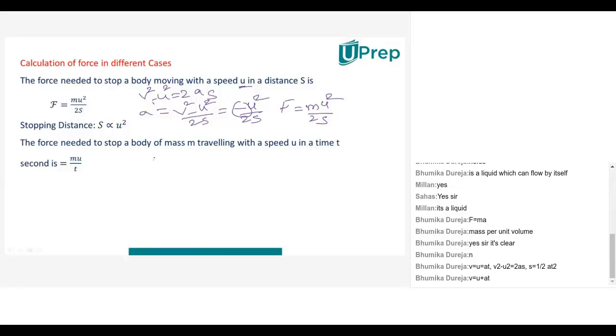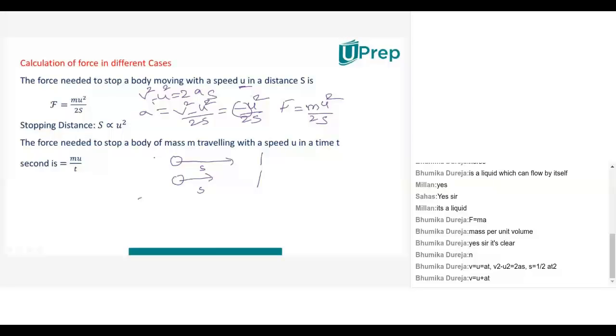And now, according to this equation, suppose I took two objects. Let me draw here. Two objects are there, one object and another object. This object is coming and we are stopping it. This also is coming with some speed and we are stopping it at the same distance. Suppose each has to travel a distance of s, but the initial speeds are different.